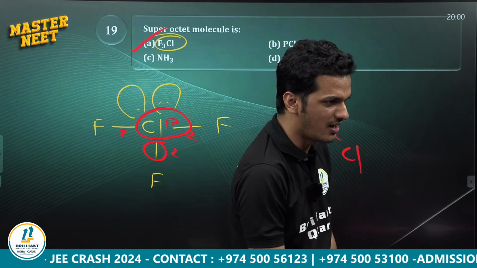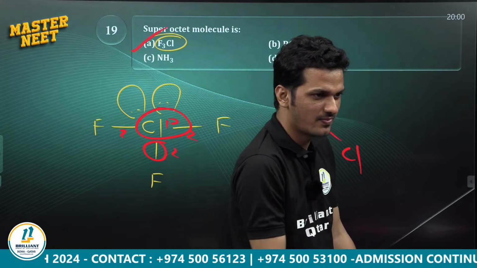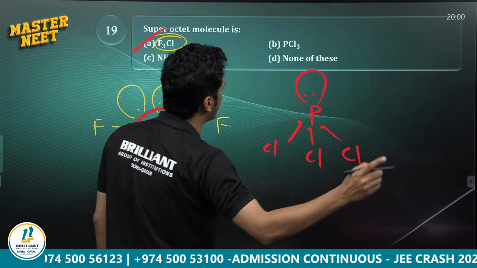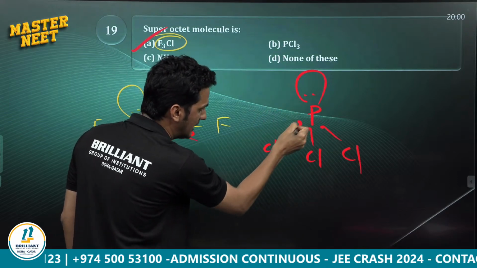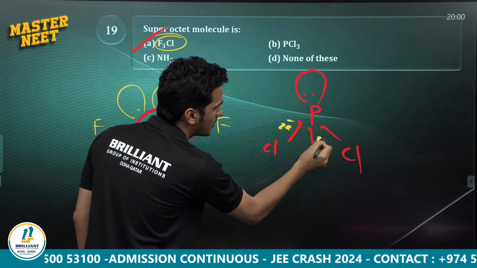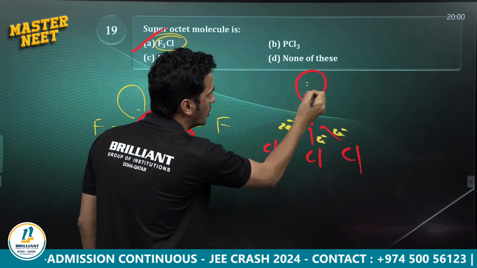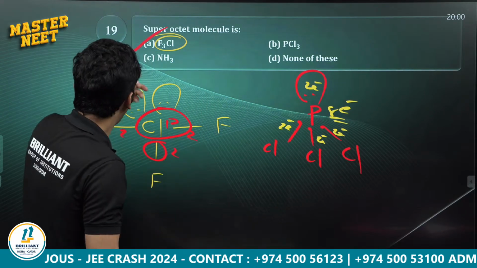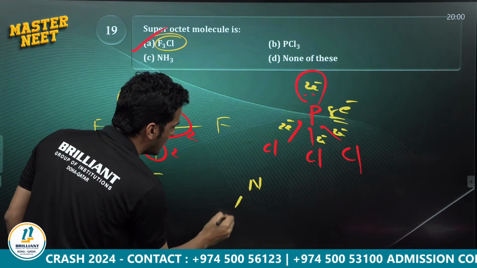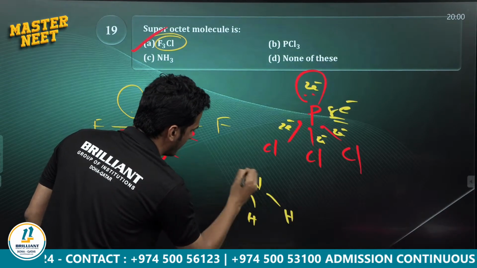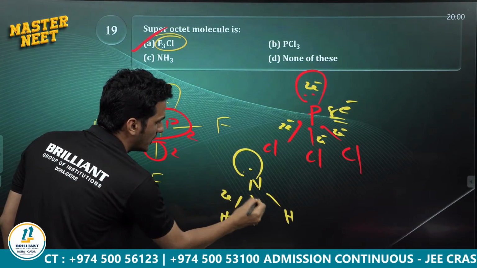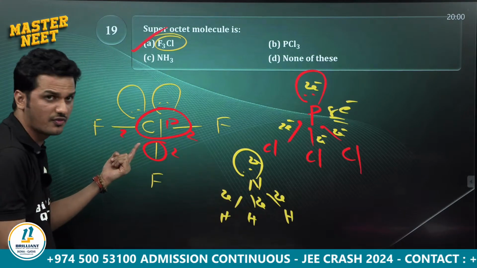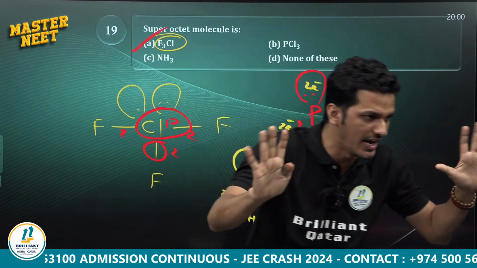Here you can see 2 electrons, 2 electrons, 2 electrons, 6 plus 2, so total 8 electrons around phosphorus. That is not the one. NH3 also is an octet: here 2, here 2, here 2, and here 2, total 8. But around ClF3, 10 is there. All of you got it?